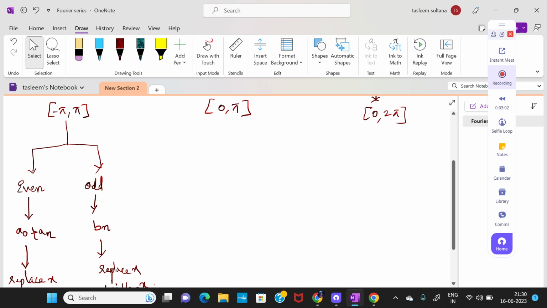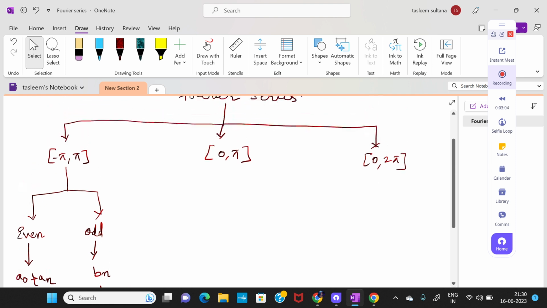For this concept, when the given interval is from minus pi to pi, and for 0 to pi, if it asks you to find the half range series, it falls under 0 to 2 pi only.